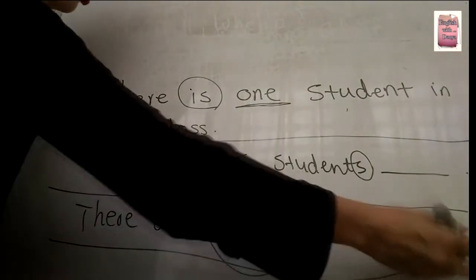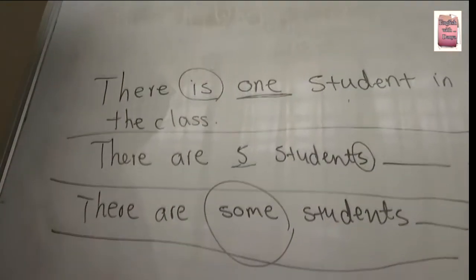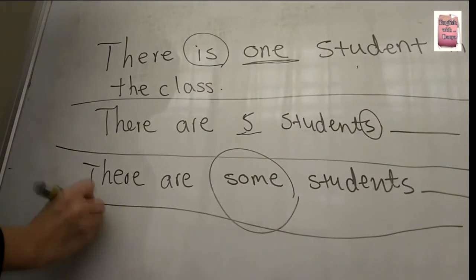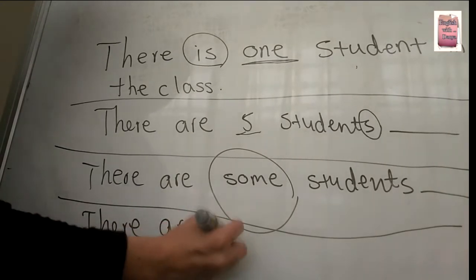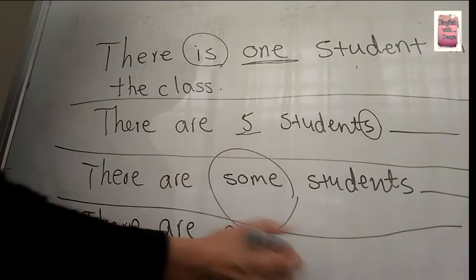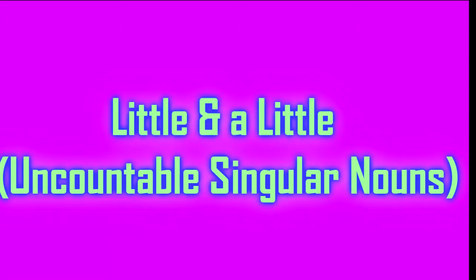If you don't want to use some, there is another word we can say: there are few students in the class. The same thing with the use of little. We usually use that with uncountable singular nouns.